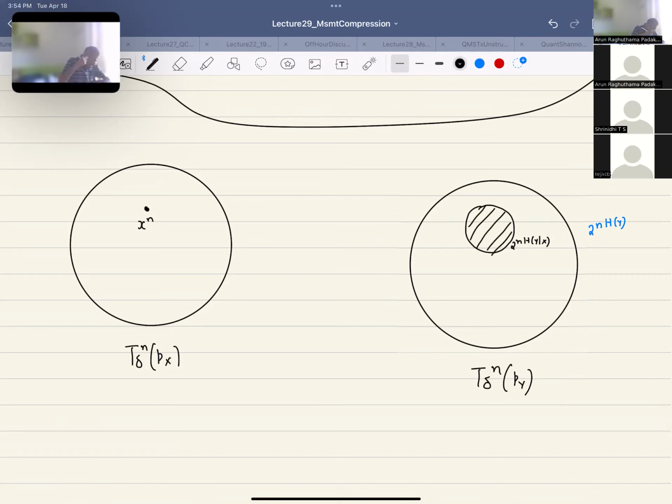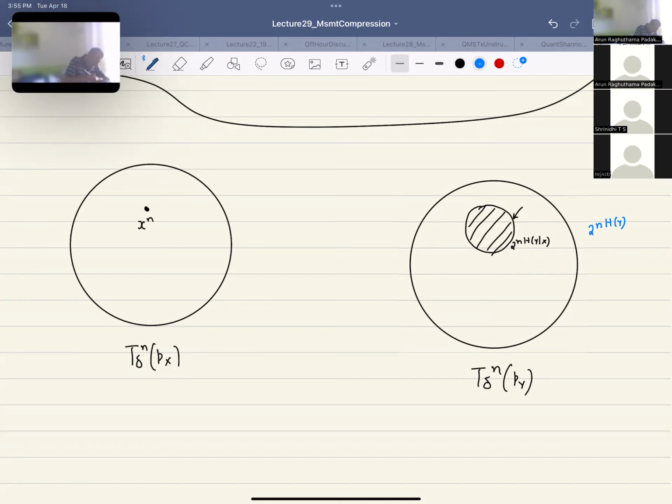If after, say, 100 days, the same x^n comes out at Alice, then nature would again pull out something from this small black ball uniformly at random. So somehow you should bring this into your modeling.